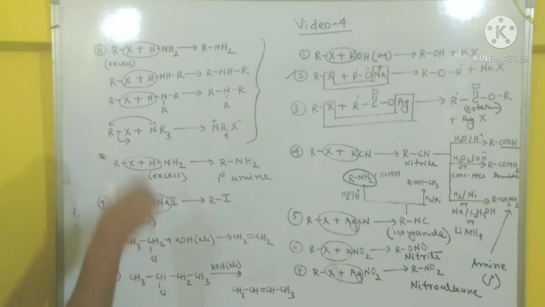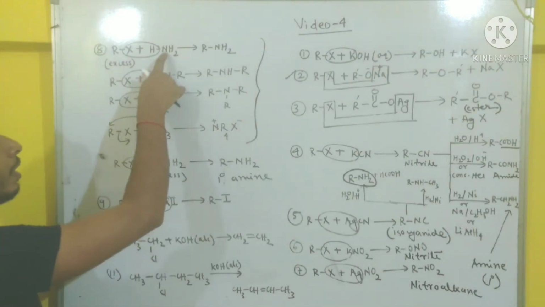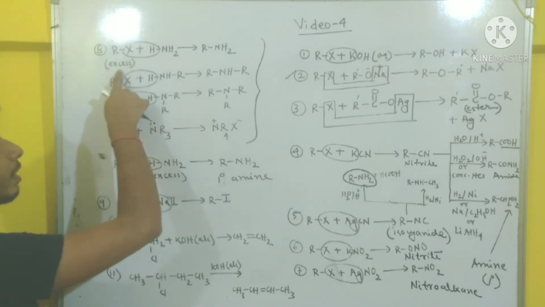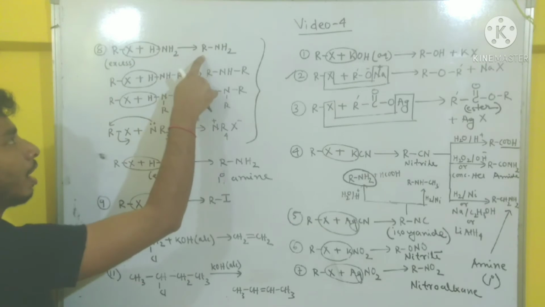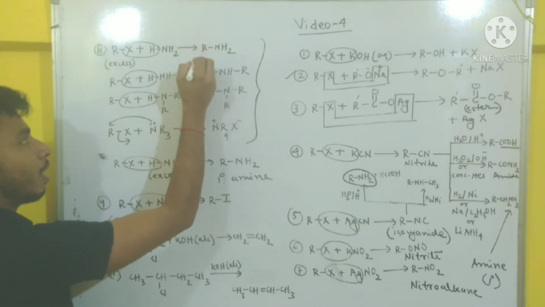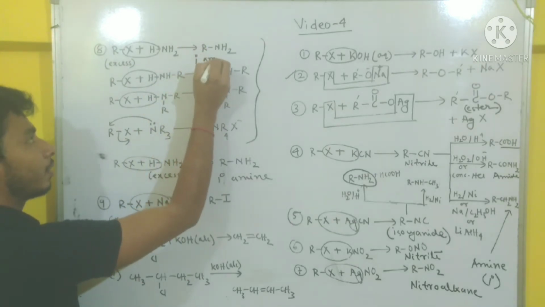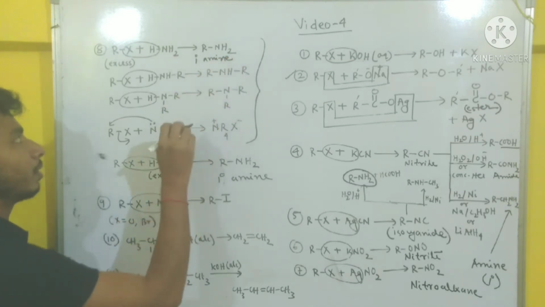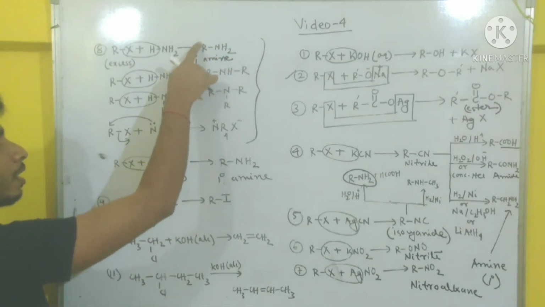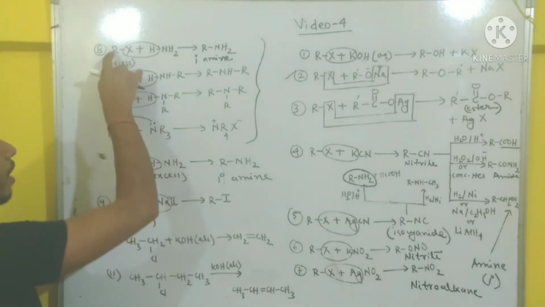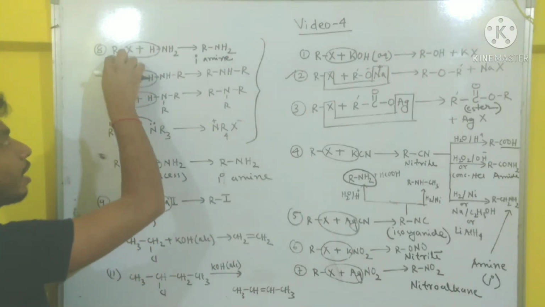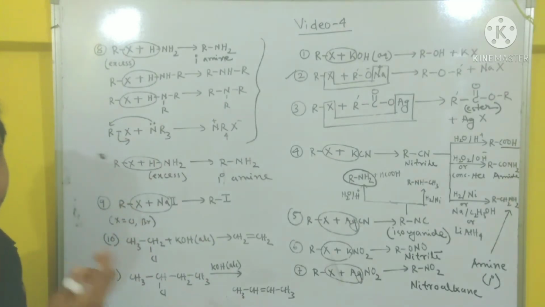Next is the reaction with ammonia, NH3. Here RX is taken in excess. So HX is removed, and we get RNH2, a 1 degree amine. Nitrogen is bonded with 1 alkyl group, so it is 1 degree amine. RX is in excess, so some of the RX remains unreacted.